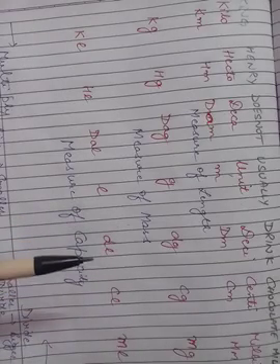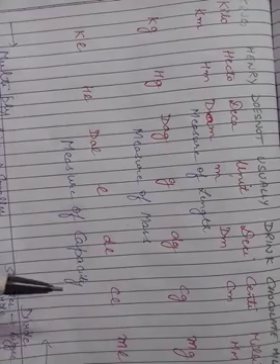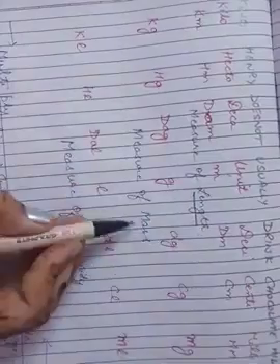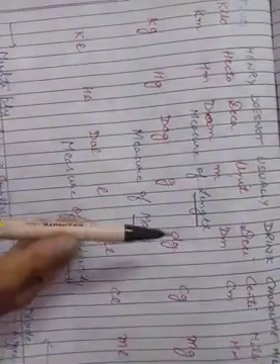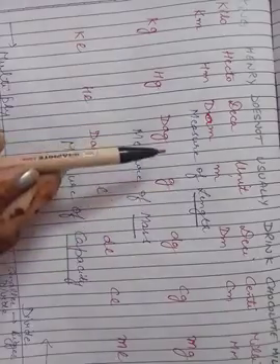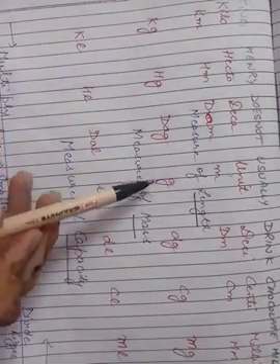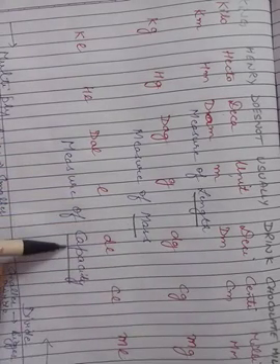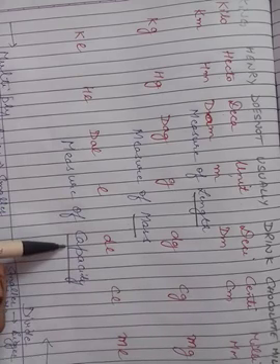Length is used to measure the length of objects, like length of cloth, and mass is used to find the weight of any object. And next is capacity. Capacity is used to measure liquid things like milk, water, petrol, and many more.